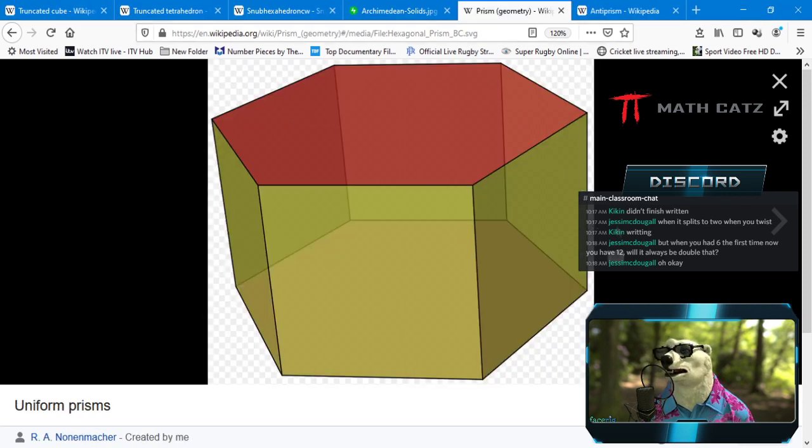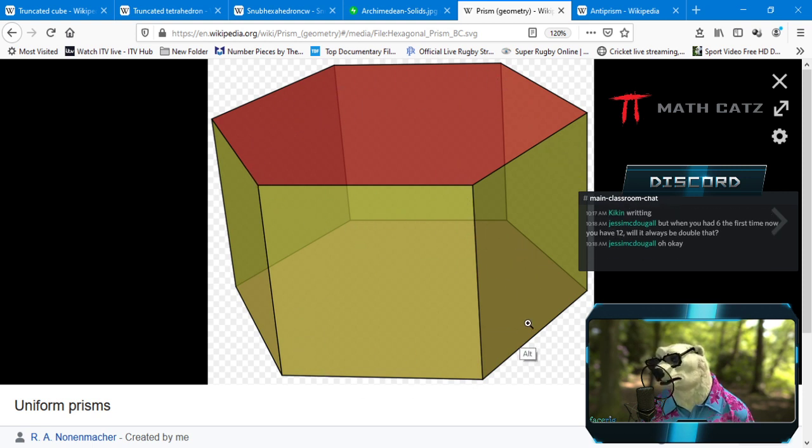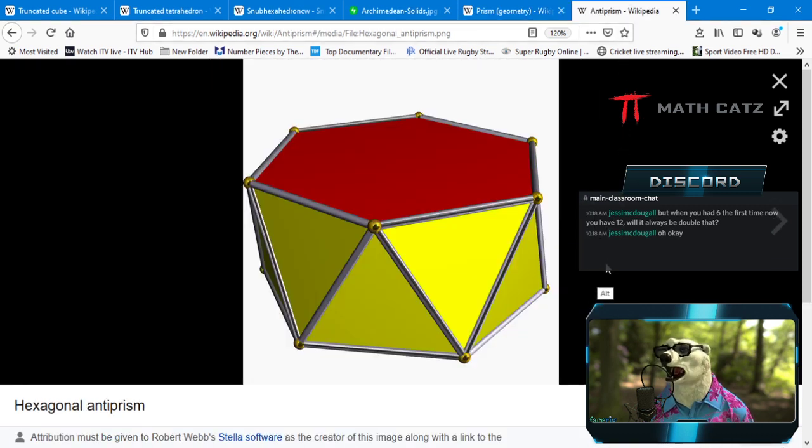From the regular prism, I had my top vertices 6, bottom vertices 6. What has changed in terms of the vertices? Nothing has changed. I still have my top 6 and my bottom 6. The fact that they're twisted a little bit doesn't change how many there are.